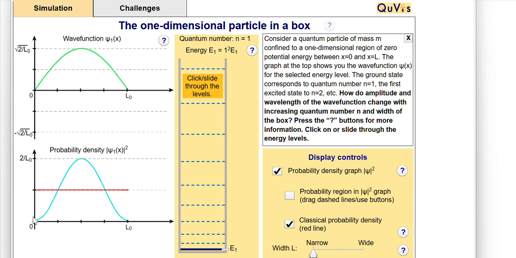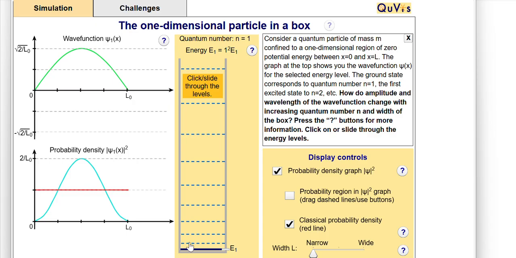But for a quantum particle, it follows the wave function. So the modulus squared of the wave function gives you this. For n equals 1, quantum number 1, the particle is most likely found in the middle because the probability density function has the greatest area here, and the probability gets less as it extends towards the L value.